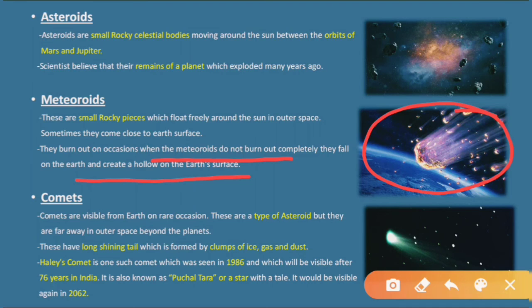Means if the meteoroids get burned, it will disappear. But if it does not get burned, it will fall on the earth surface and create a big hollow on the earth's surface. Hollow खाली जगह फिर गड्ढा कर देना.